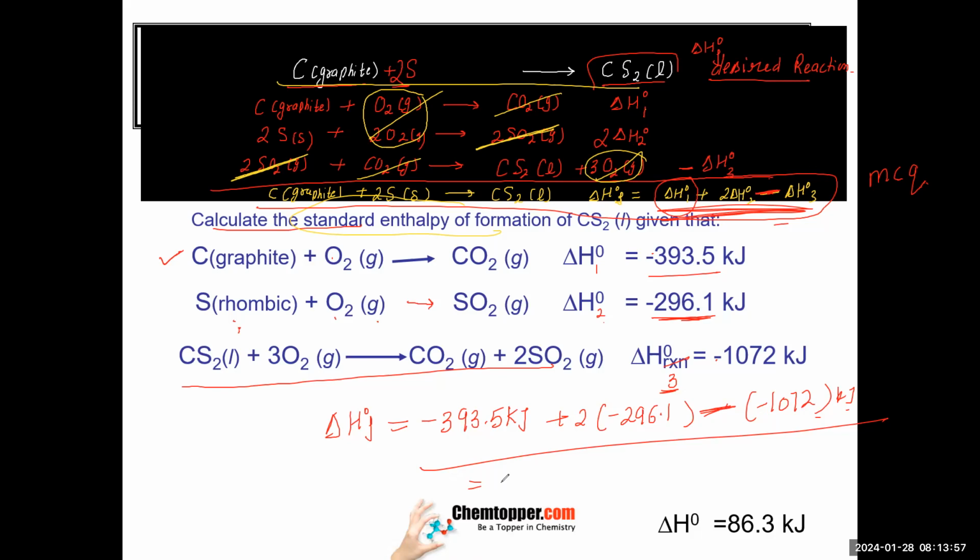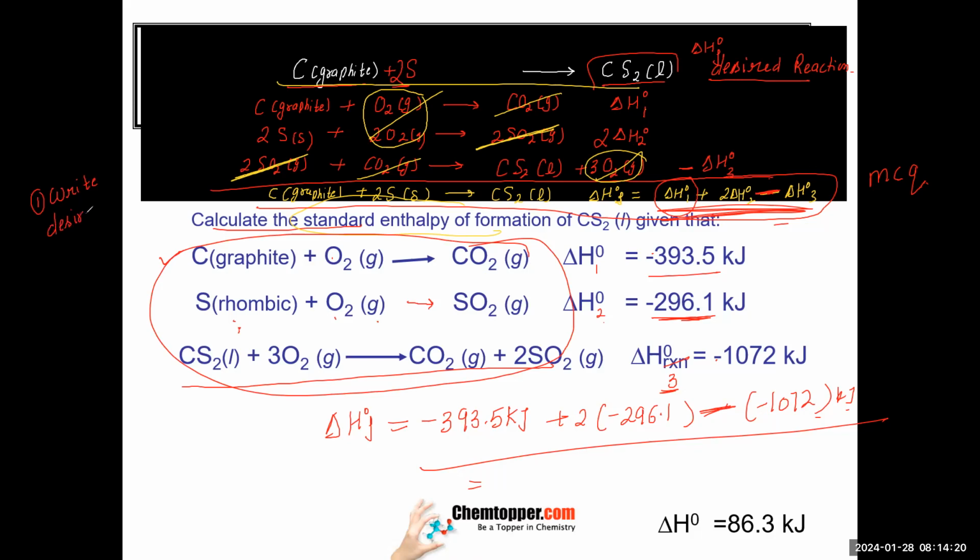Yes, you first do the changes. You're not adding these equations as such. Are you adding as such? No. Because if you add as such, you will not get your desired equation. So you'll focus on your desired equation. So what are the steps for Hess's law? First, write the desired equation.